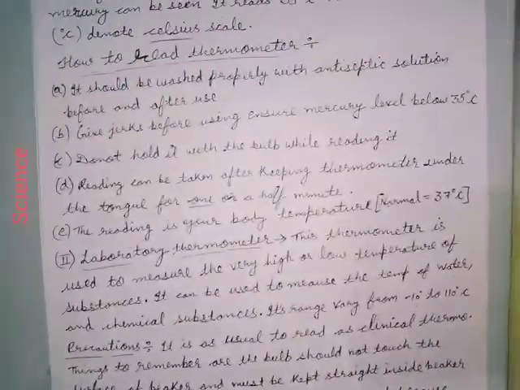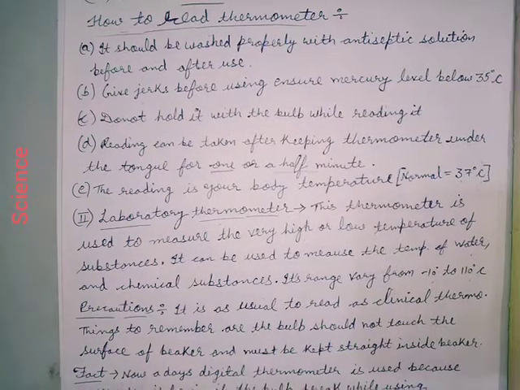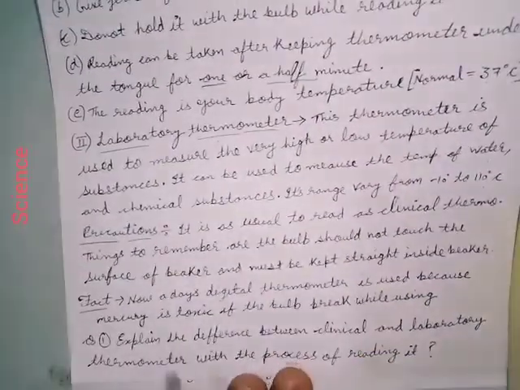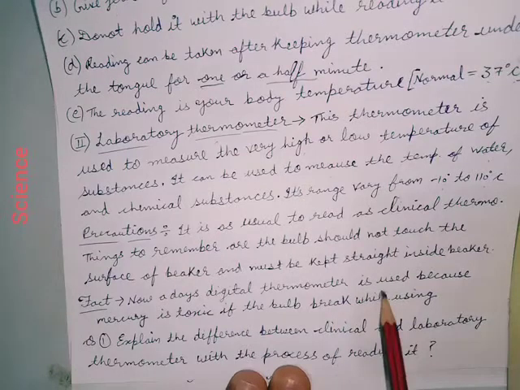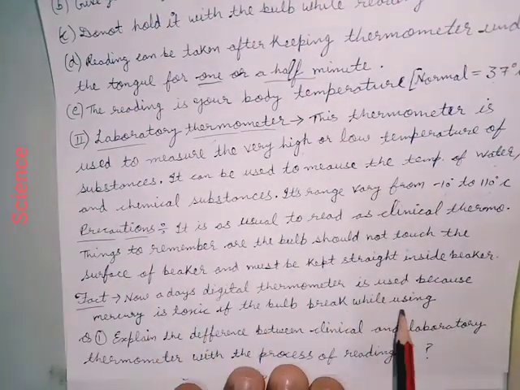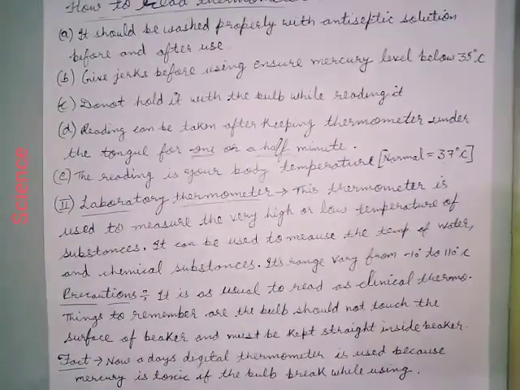That is all about the commonly used thermometers, the clinical and laboratory thermometers. Now let's study today's fact. Nowadays the digital thermometer is used because mercury is toxic if the bulb breaks while using.